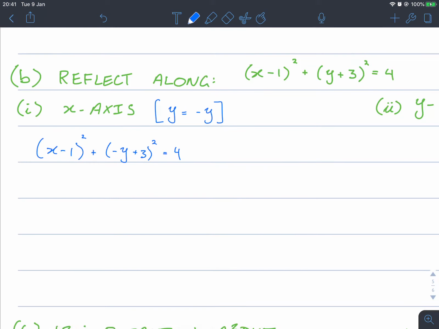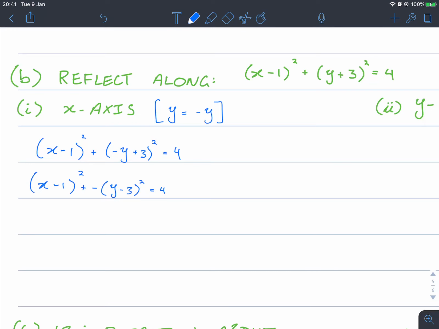You can think of this also as x minus 1 squared, if we factor out a negative, plus negative y minus 3 squared equals 4.